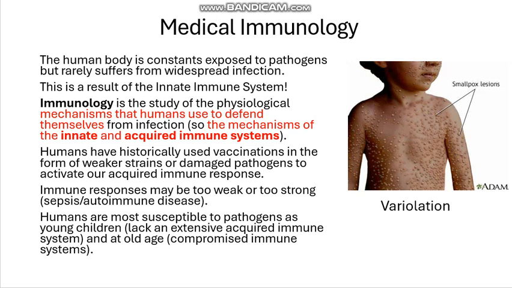even before we had a good understanding of microbiology and how to actually properly vaccinate ourselves, people did this process called variolation, where they took the scabs of the smallpox lesions from people who probably died of smallpox. They ground these scabs up into a powder and inhaled them, or they rubbed them onto open lesions on their skin.